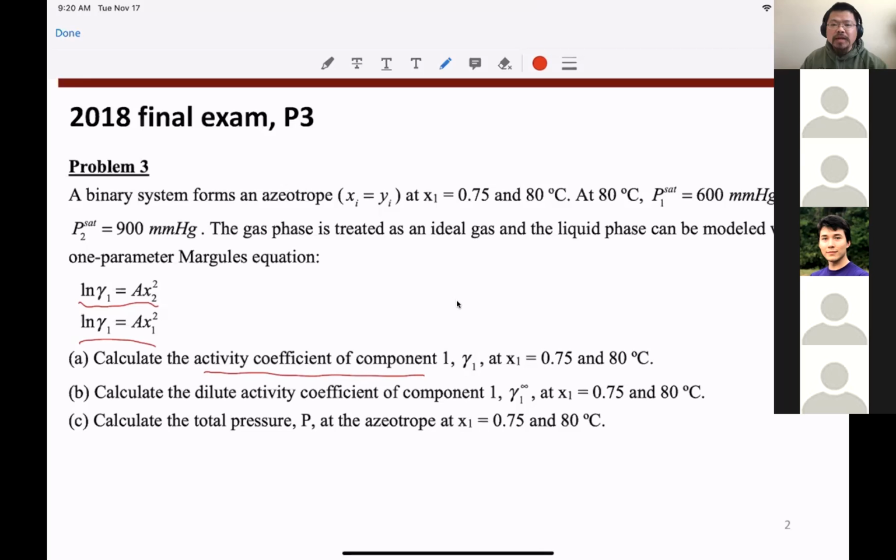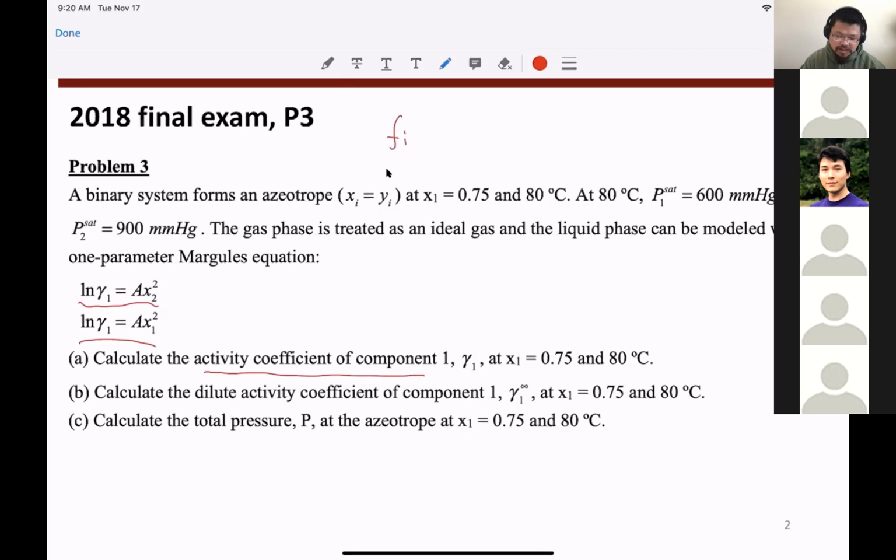If you have a problem like this, I hope that you recall the very general equation, the magic equation we have, starting from the fugacity in the liquid and vapor phase. The most general case would be x_i, activity coefficient gamma_i, P_i^sat for the liquid phase.